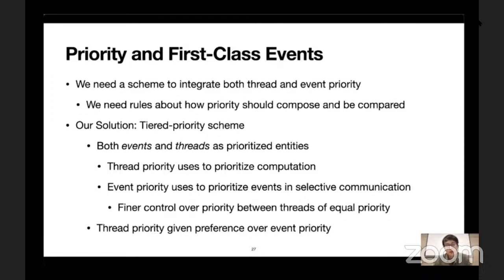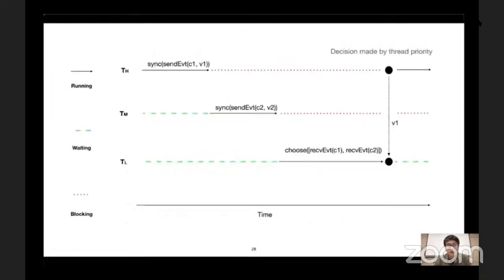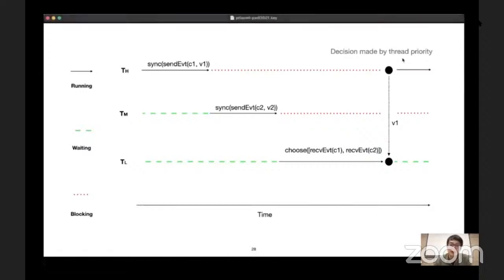After we introduce this scheme, let's consider the example from our last slide. If we make the decision by thread priority, then we know that the pair with C1 is synchronized by a high priority thread, and the thread synchronized on the second send event is the medium priority thread.